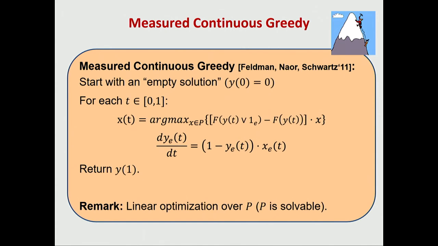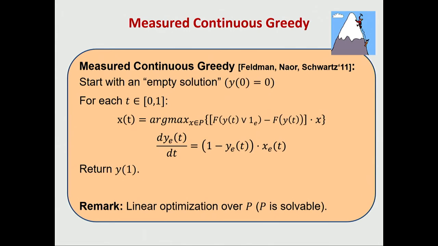You start from an empty solution, from a solution with all 0, and then I will describe it continuously, over time t, which should be discretized later. So what is the greedy step? You take xt, which maximizes the marginal contribution. You look at the marginal contribution to your current yt up till now, and you find the best x in the polytope that maximizes this.